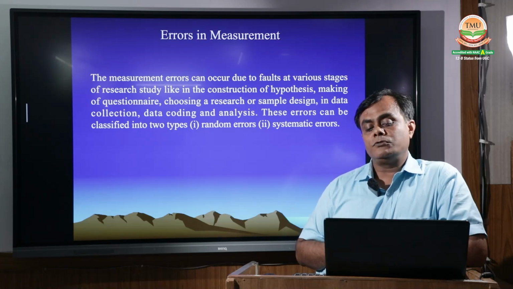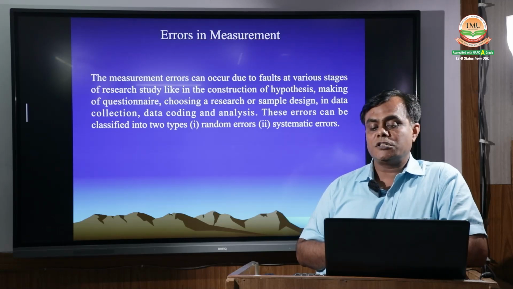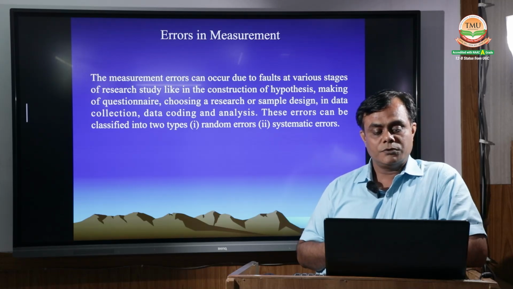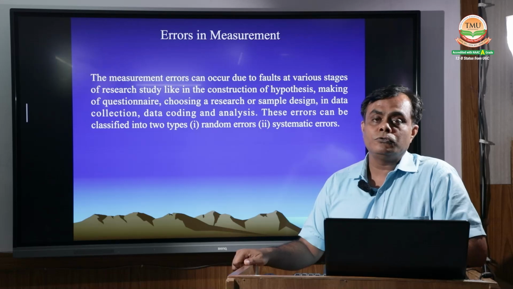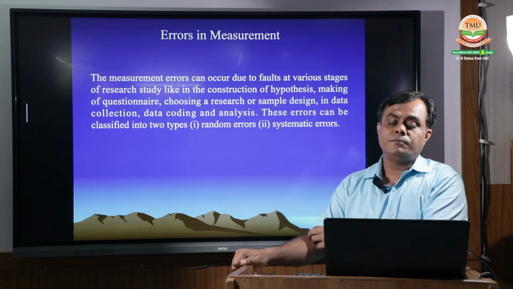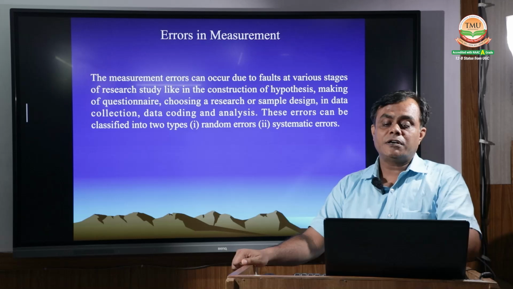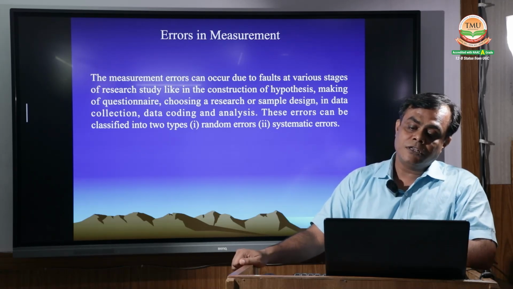So they occur due to honest mistakes, or unconsciously, when the interviewer or the respondent is trying to do a significant job, a sincere job. So it is not due to the fault of the respondent or investigator or researcher, but sometimes due to an honest mistake.